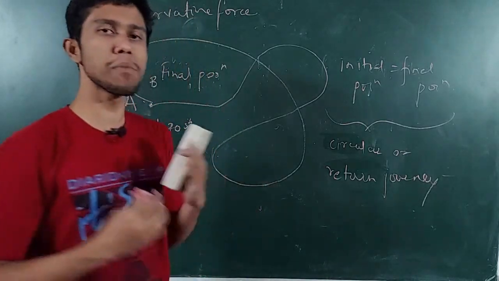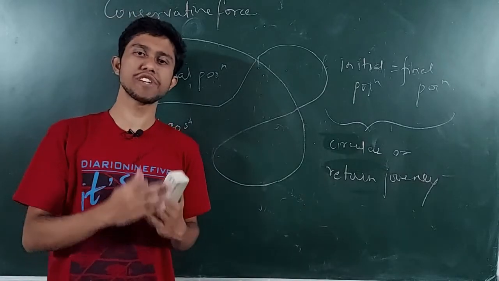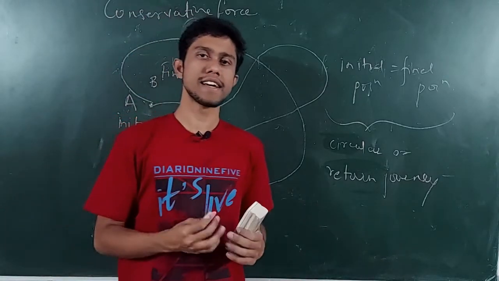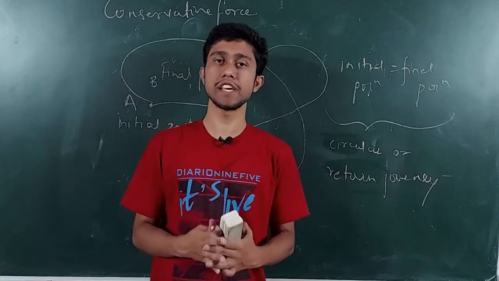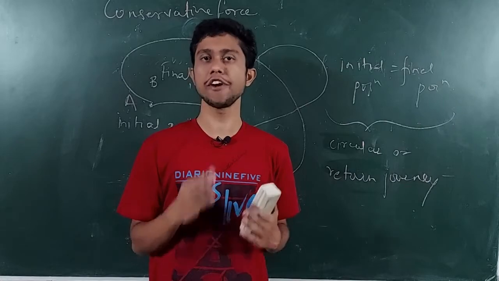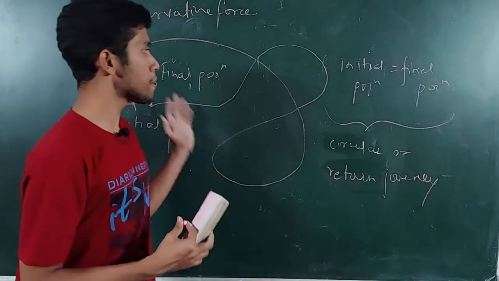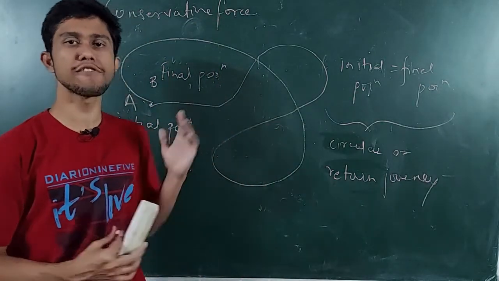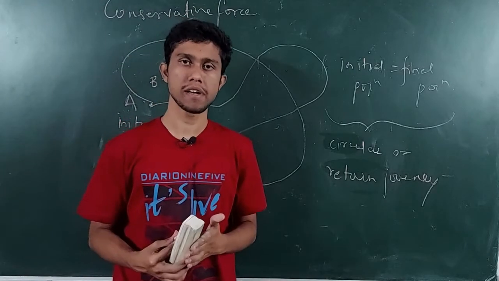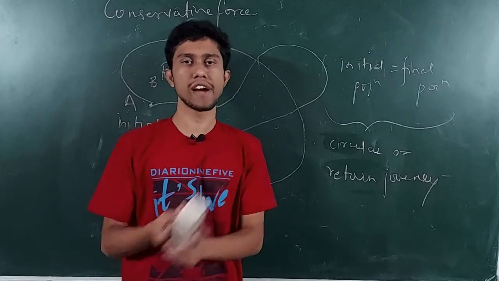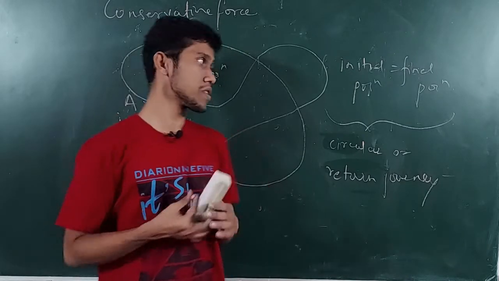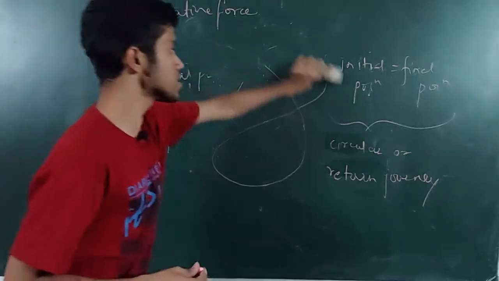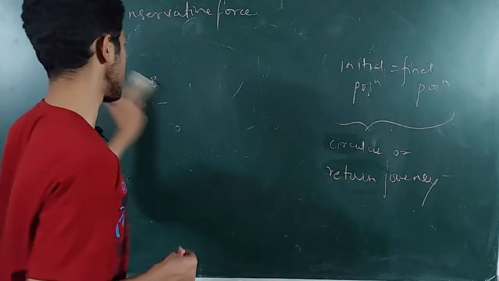Because my initial position is the same, my final position is the same, and I know that work done by a conservative force depends upon the initial and final states and not upon the path taken. So let the path be any, but if my initial and final positions are the same, my initial work and final work are going to be the same, and when I subtract them, it is going to be 0. So in a return journey in the presence of a conservative force, your work done will remain 0.